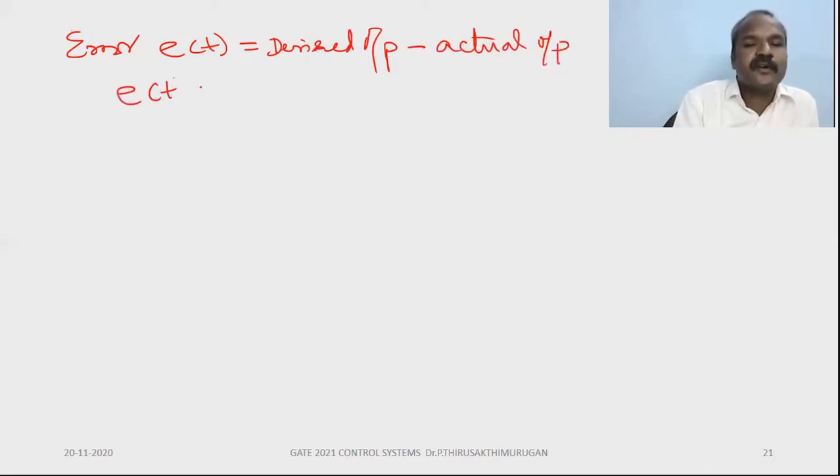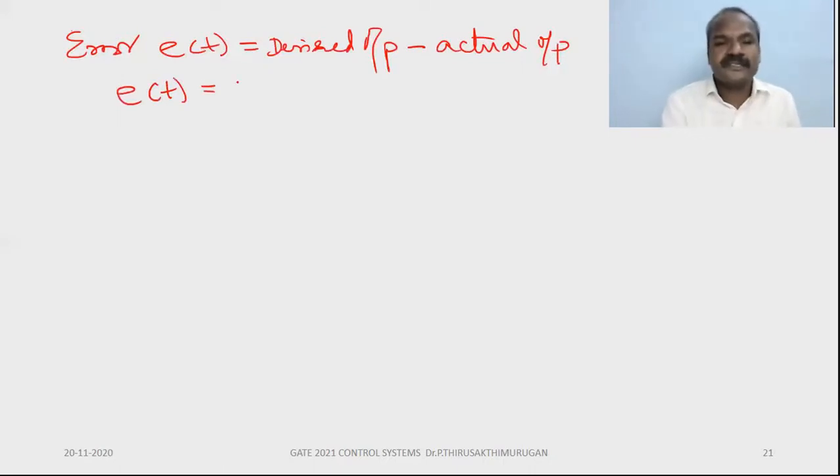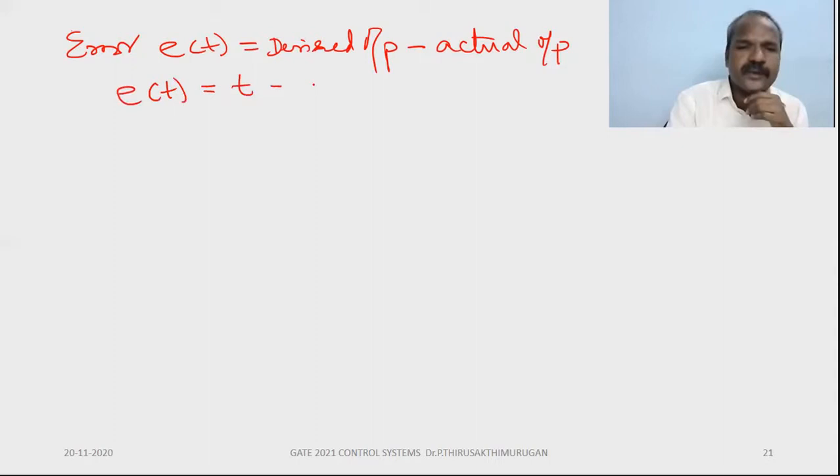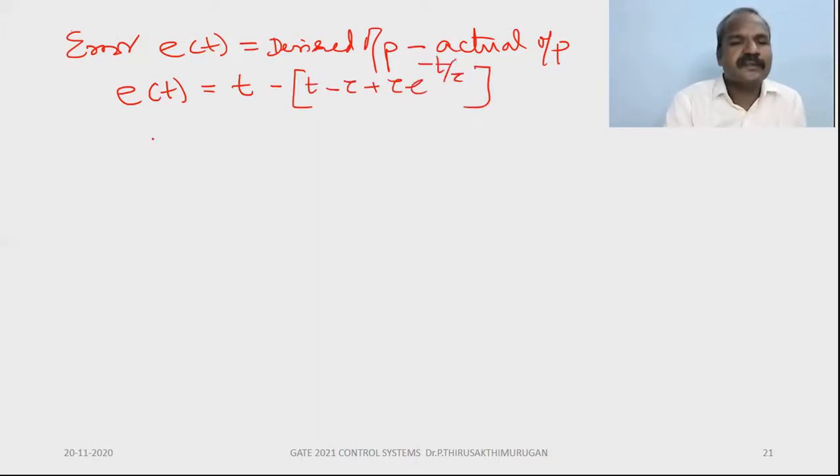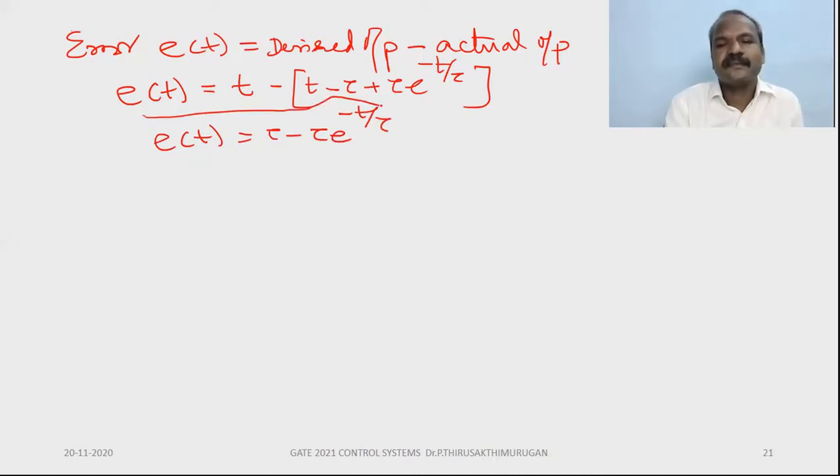What is the desired output? Desired output is t. What is the actual output? The actual output is t minus tau plus tau into e power minus t by tau. So what is E of t? We get t cancelled, so tau minus tau into e power minus t by tau. So this is the error expression.